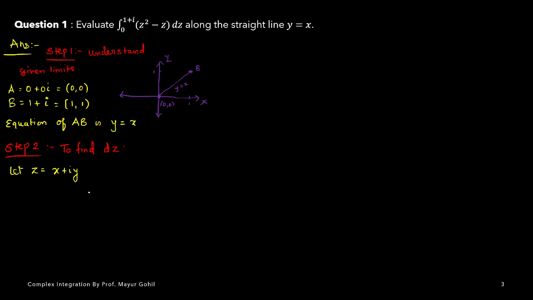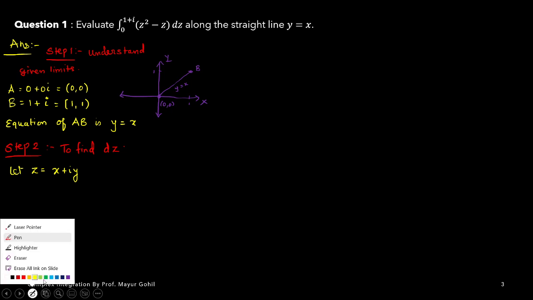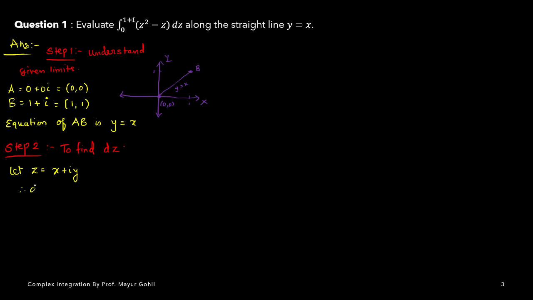Here one thing we know is that dz equals dx plus i dy. Now call the formula we derived in step 1 our first part. From 1 we can see that dy is equal to dx.